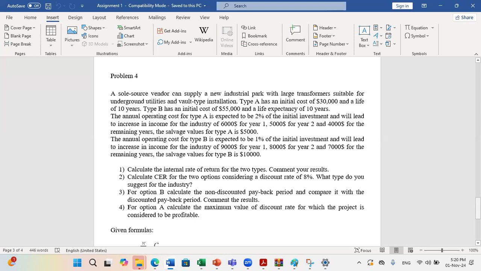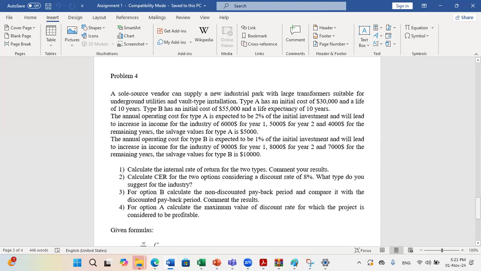Okay. So a sole source vendor can supply a new industrial park with large transformers suitable for underground utilities and vault type installation. Type A has an initial cost of $30,000 and a life of 10 years. Type B has an initial cost of $55,000 and a life expectancy of 10 years.